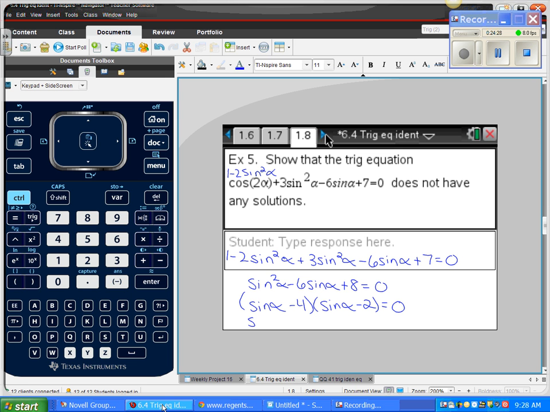Good. So I get sine alpha equals 4, sine alpha equals 2. Yeah, I have to reject both of these. They are outside my range, right? So there is no solution here. So that's algebraically how you show that there are no solutions.